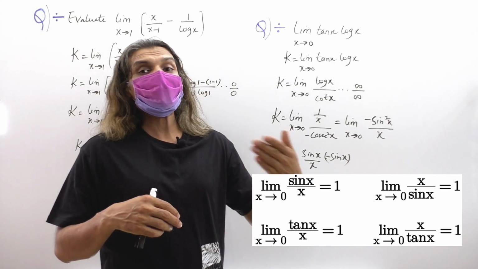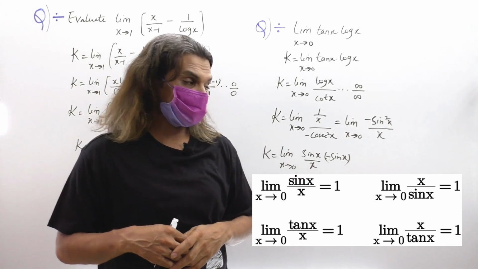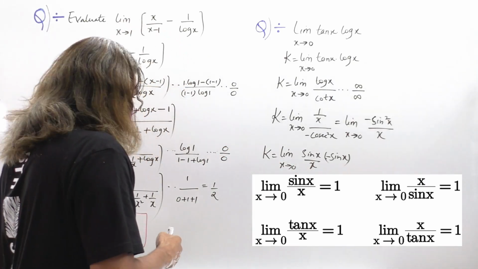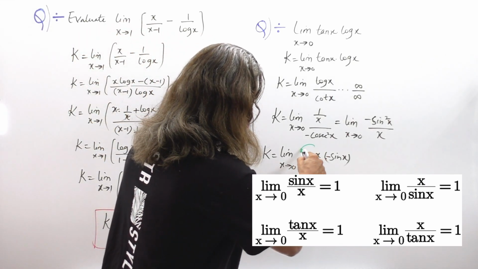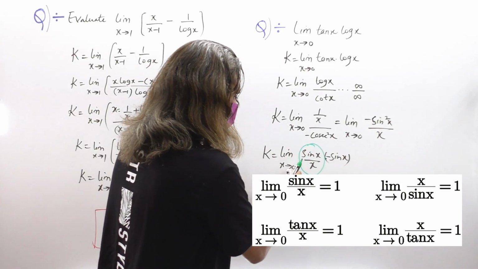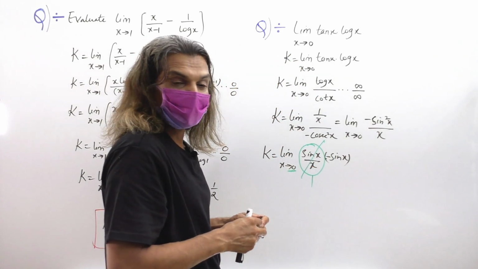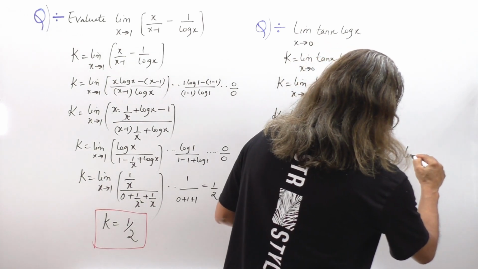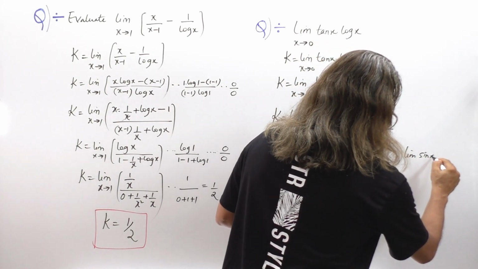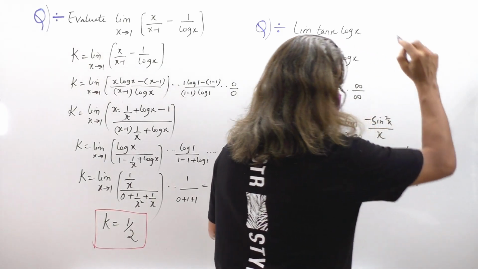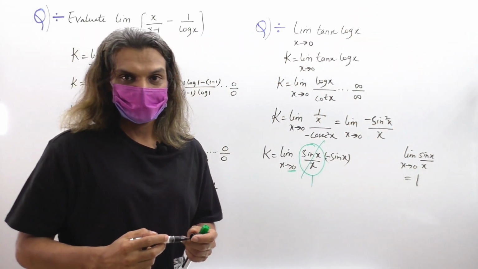And also limit of x by tan x as x tends to 0 is equal to 1. So here it is sin x by x as x tends to 0, and that is equal to 1. This is a standard result.